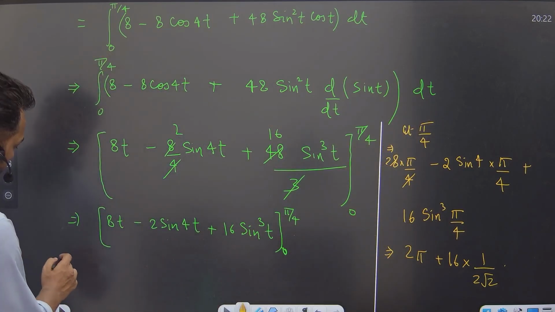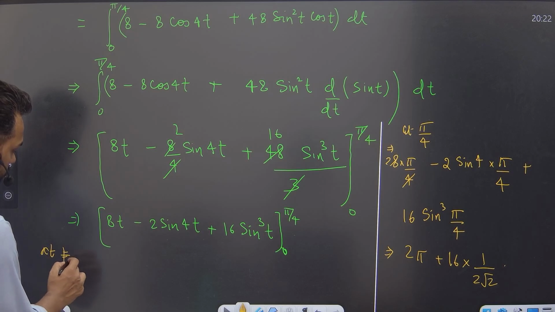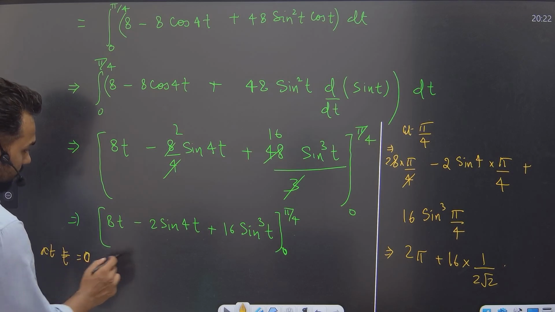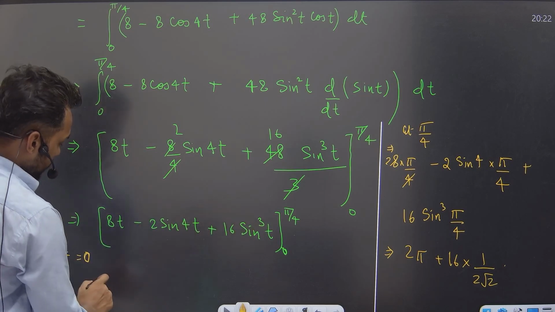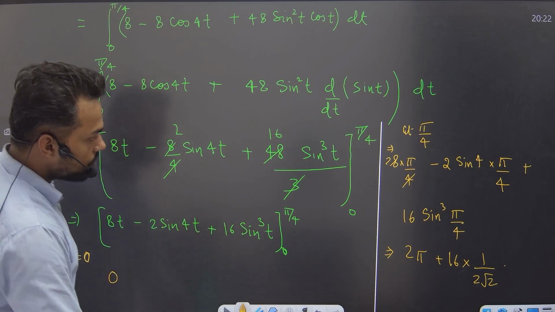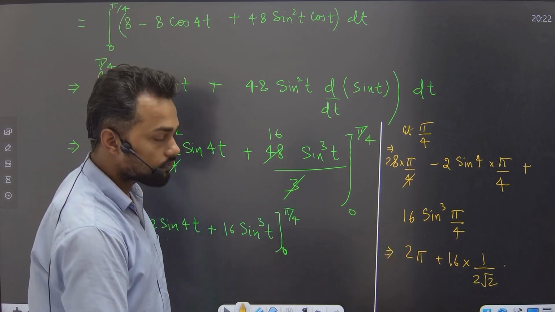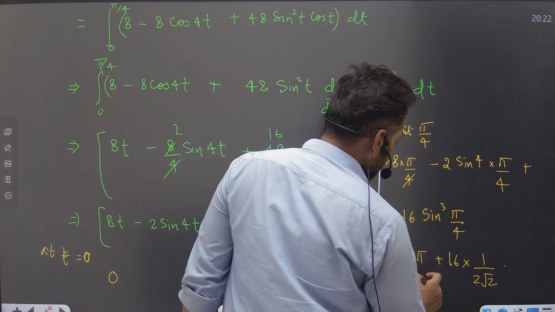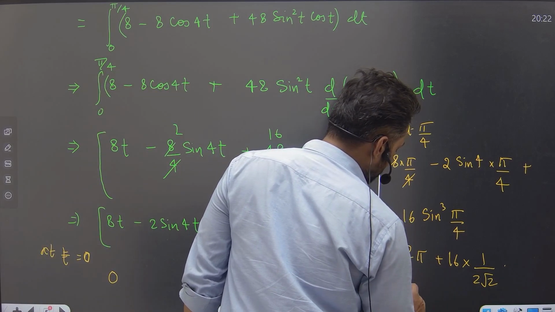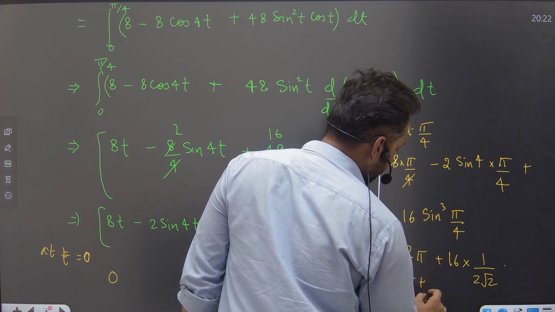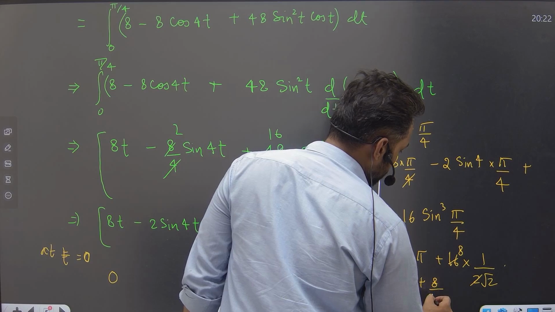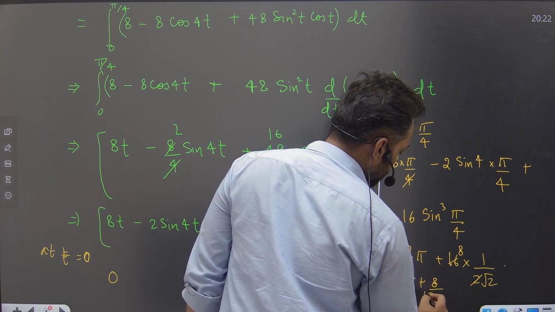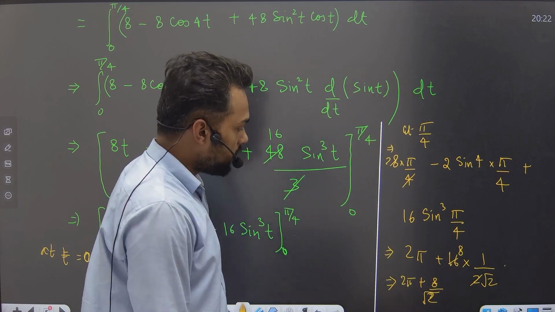Now at t equals to 0, student, if we plug the lower limit here, what we are getting, we can see 0, 0, 0. At t equals to 0 we are getting 0, so this is only the required value. So on calculating it further, we'll get 2 pi plus of 16 by 2 root 2, just 8 by root 2.